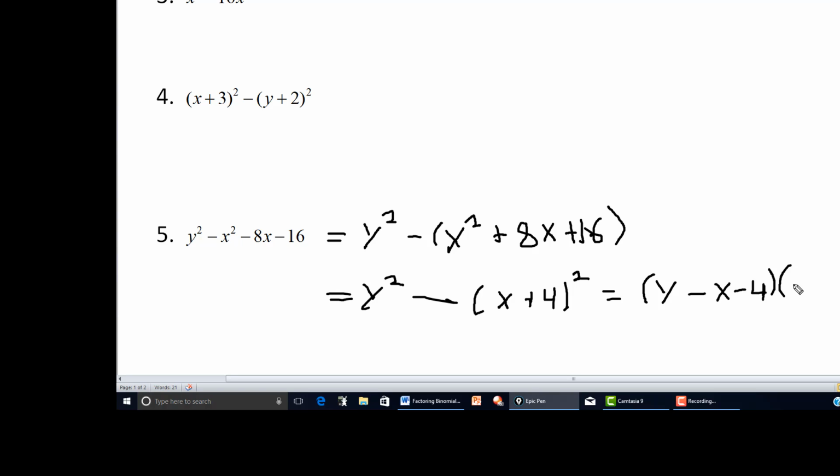And then the second factor is the sum of the roots. So again, it's going to be y plus x plus 4. And that's the factorization.